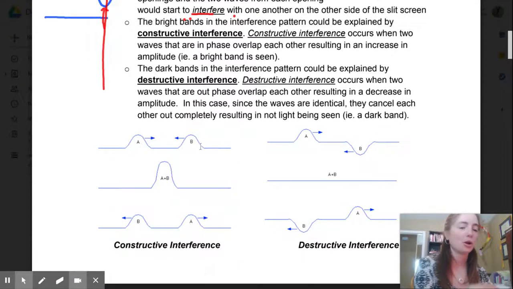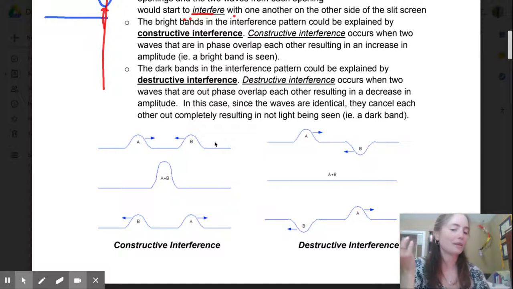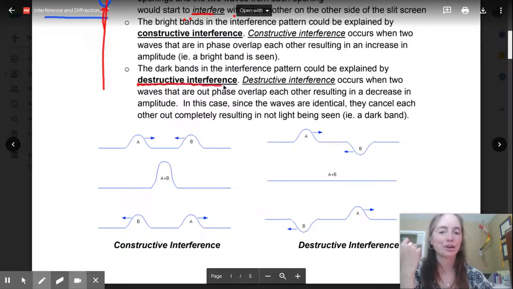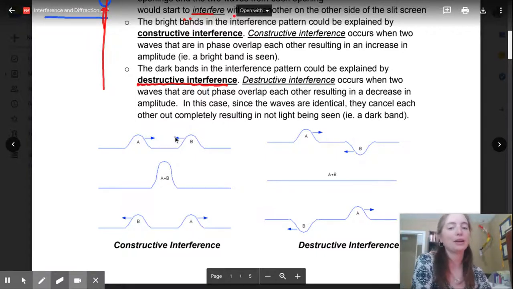So with your fancy Beats headphones, what your sound-canceling headphones are doing is called destructive interference. That's where you cancel out your wave. So as opposed to not hearing sound, you're not seeing light.